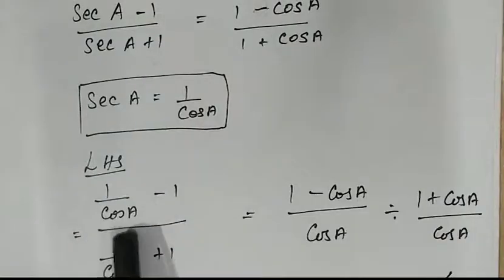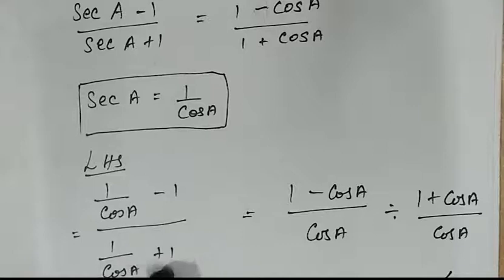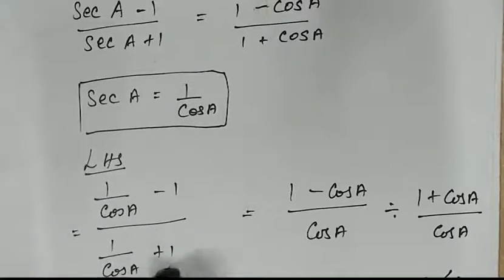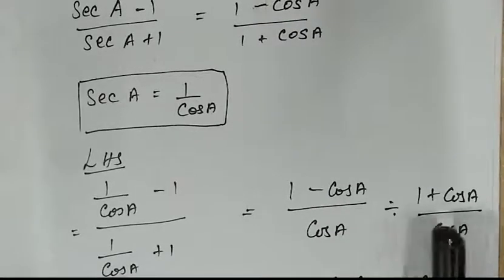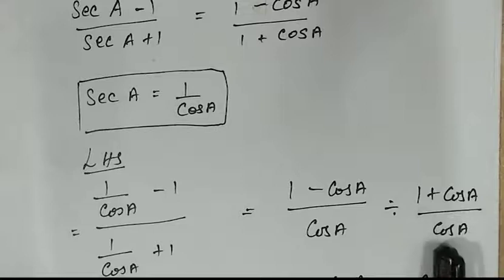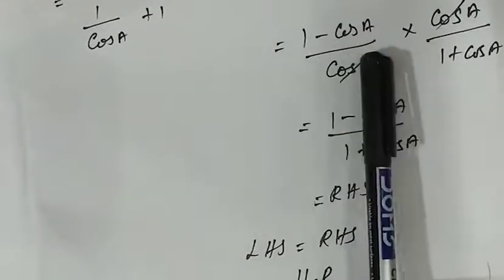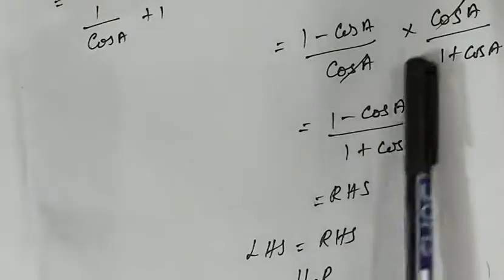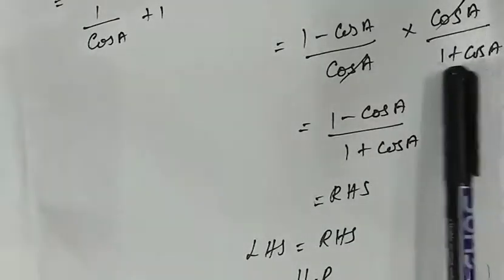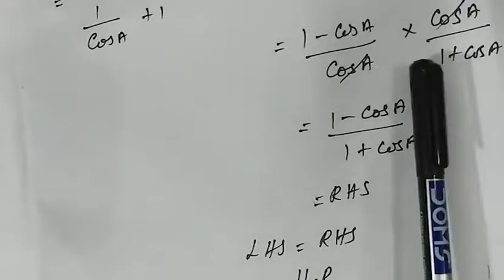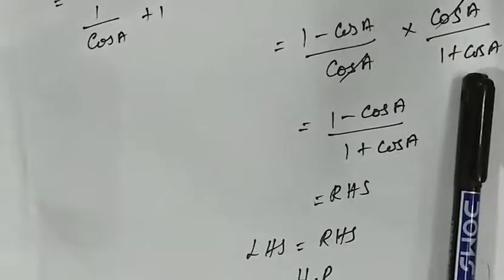So 1 upon cos A minus 1 upon 1 upon cos A plus 1. Now take LCM. You will get 1 minus cos A upon cos A divided by 1 plus cos A upon cos A. 1 minus cos A upon cos A into cos A upon 1 plus cos A. Divide is changed to multiply, so write the reciprocal of the second one.